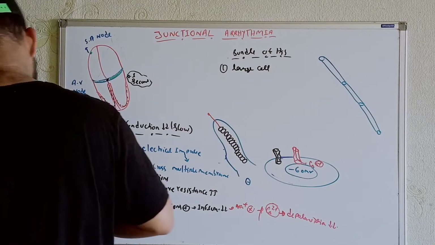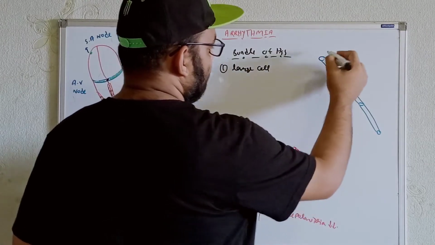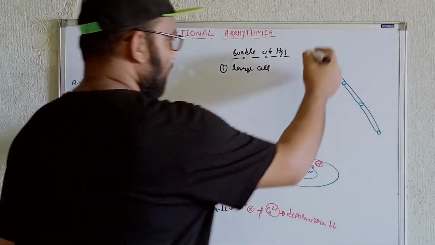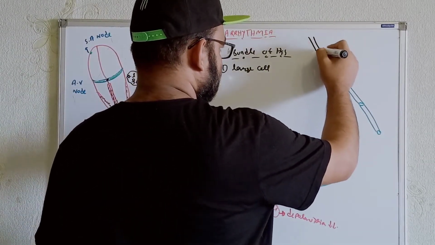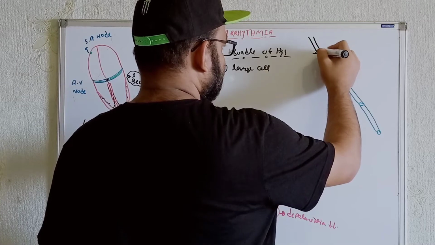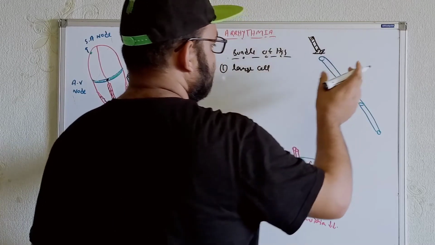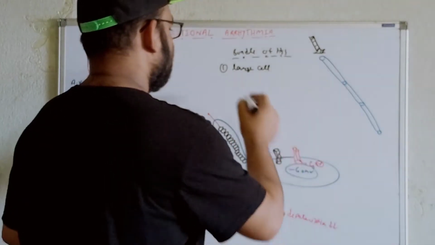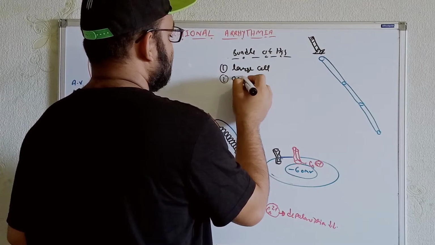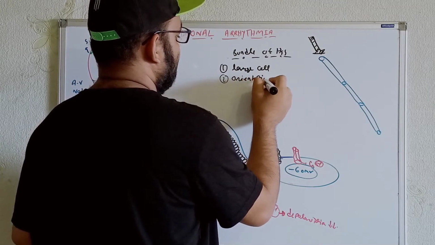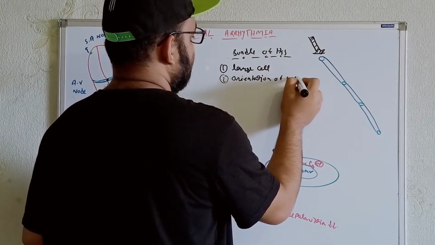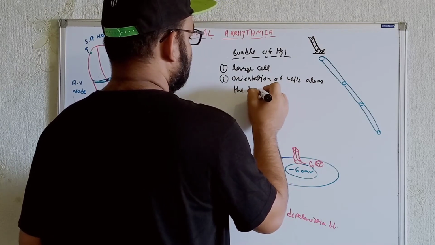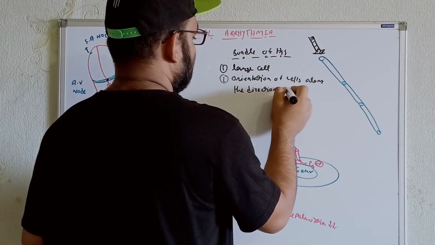Now see the cells. As we know, the depolarization vector will go down and leftward. Whenever the depolarization is coming in this direction, the cells are arranged in the same direction. So the orientation of the cells is along the direction of the electrical impulse, or the cardiac impulse.